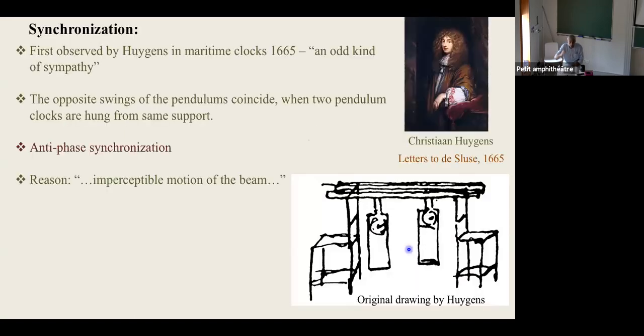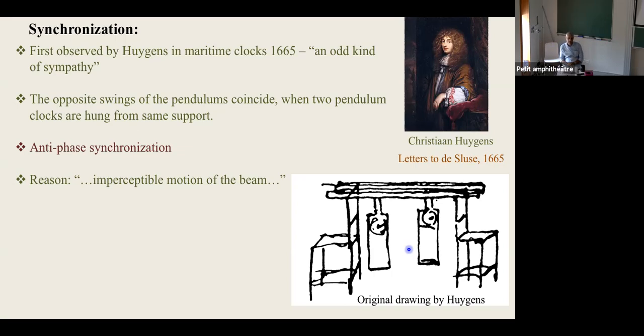Okay, so synchronization of clocks is a phenomenon that was first discovered by Christiaan Huygens. So with pendulum clocks, he had pendulum clocks hanging from the same support, and what he noticed is that their opposite swings coincide at any point in time.